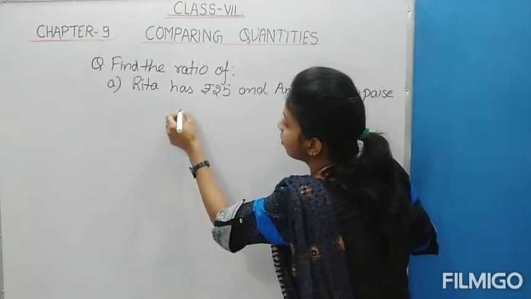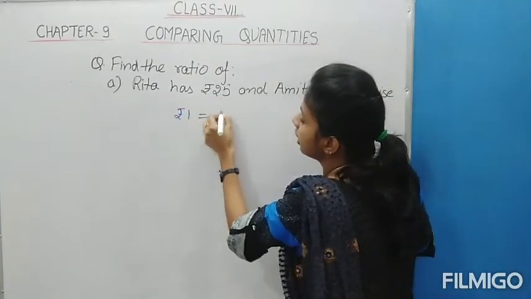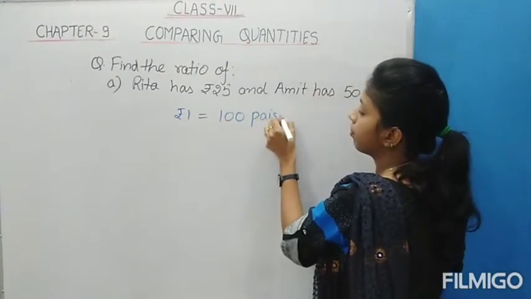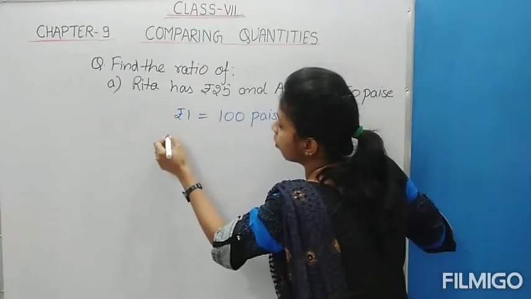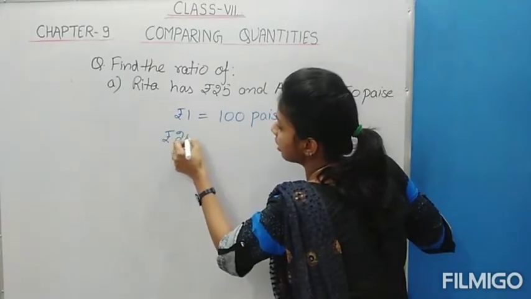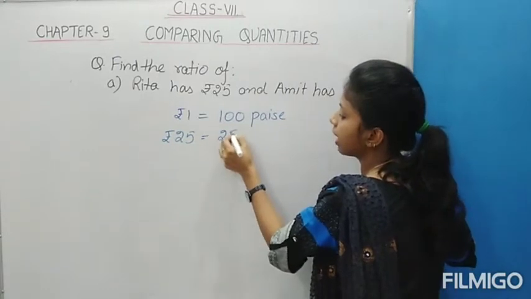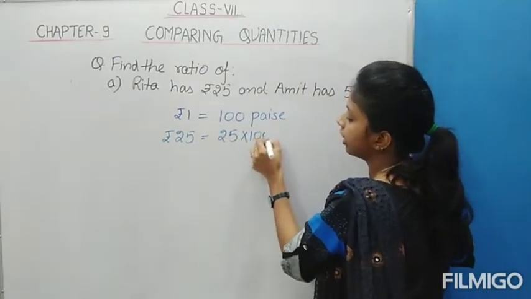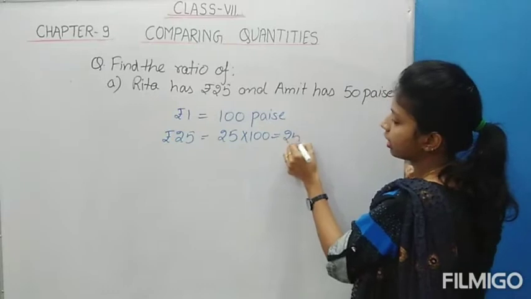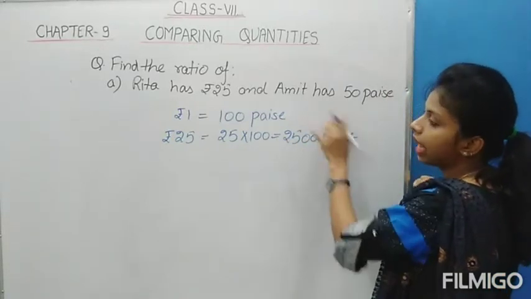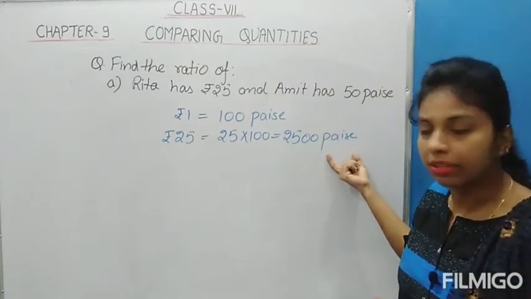We know that 1 rupee has 100 paise. So for rupees 25, how many paise do we get? It is 25 into 100, equal to 2500 paise. Now we have both quantities in paise.